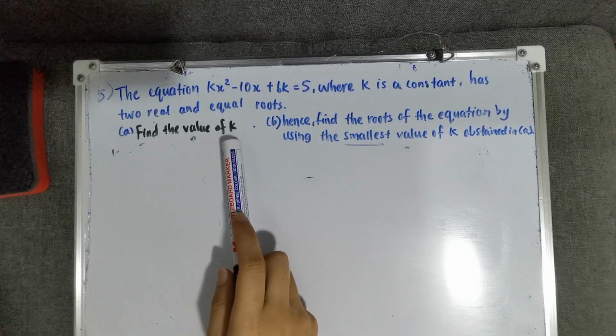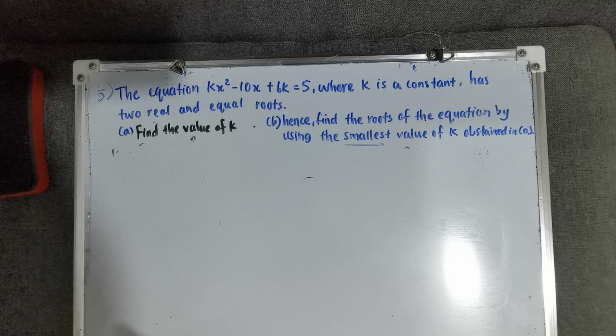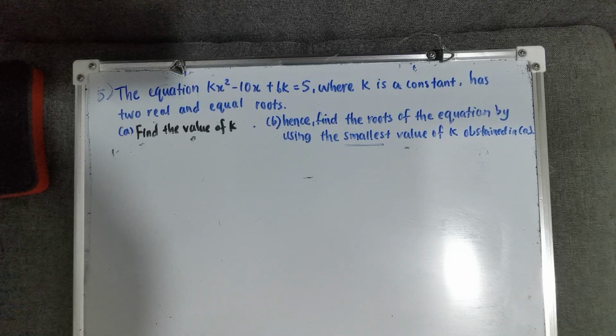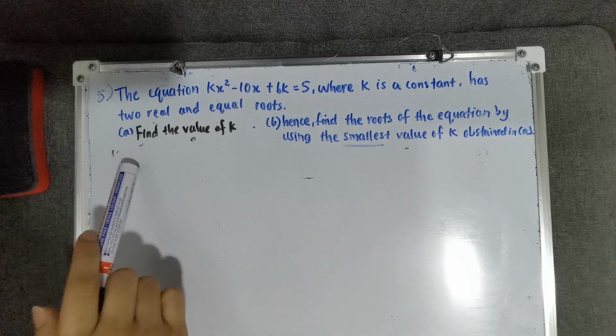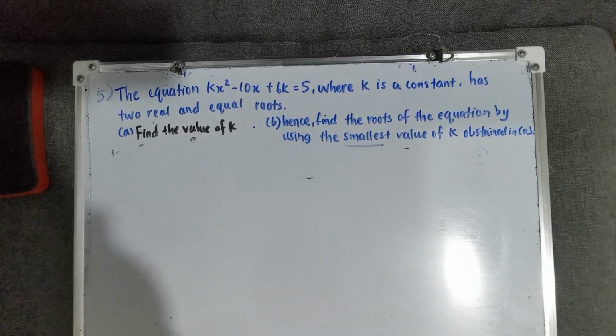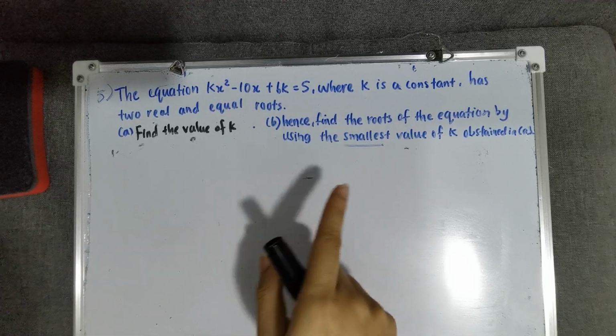A, find the value of k, and B, find the roots of the equation by using the smallest value of k obtained in A. Normally in A you will have two answers, am I right? So you have to use the smallest to do your B.